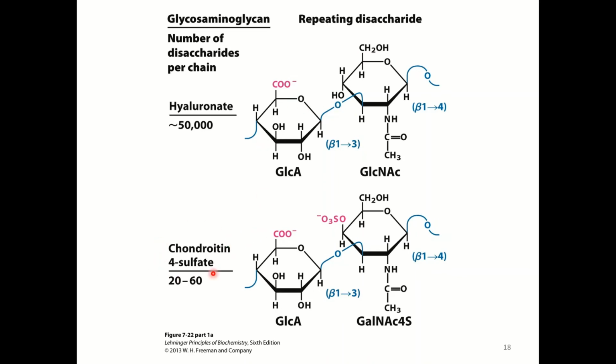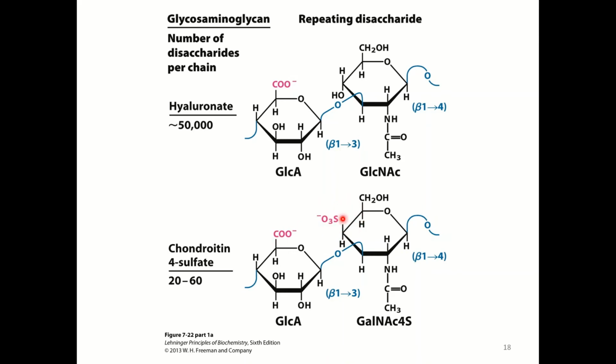The other one that we'll talk about is chondroitin sulfate, or chondroitin 4-sulfate. Again, you have a glucose that has an acid group at carbon 6. And again, you have a beta 1 to 3 linkage. This time the second sugar in the disaccharide is a galactose that has an N-acetyl group on it, just like in hyaluronate, but it also has at carbon 4 this sulfate group attached.